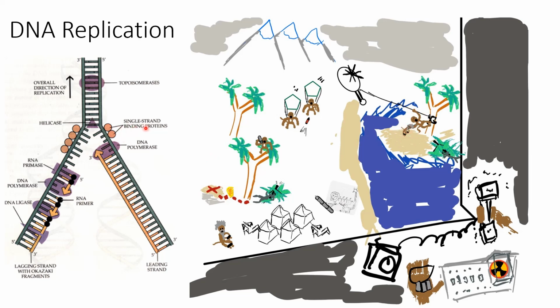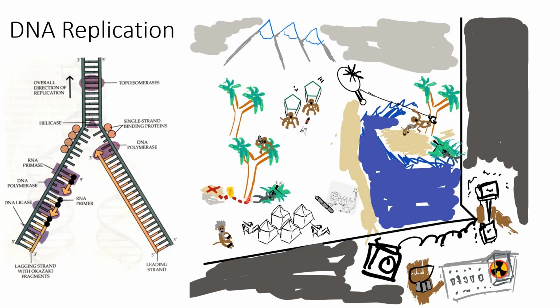Single-stranded binding proteins are going to be actually on both of these, but they prevent everything from rebinding when you're splitting it open. On your lagging strand, you have multiple RNA primases, and then you have these double palm trees here, which are DNA polymerase 3s, which are going to be the eukaryotic version.